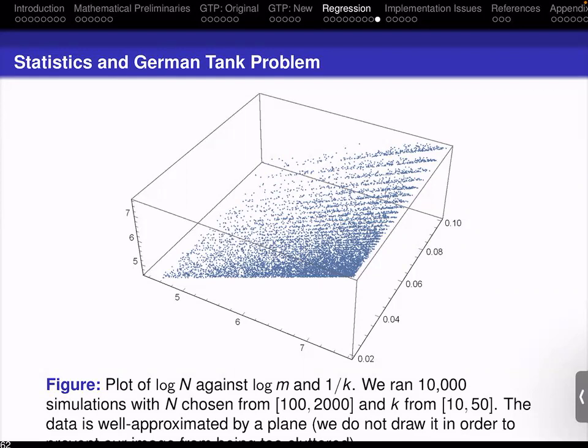So if K is large, 1 over K is small, which means that log of 1 plus 1 over K is approximately 1 over K. The next term would be of size 1 over K squared. And so this suggests that if our theory is correct, the log of N should be pretty well fit in terms of the log of M and the log of 1 over K. And we are seeing a plane like that.